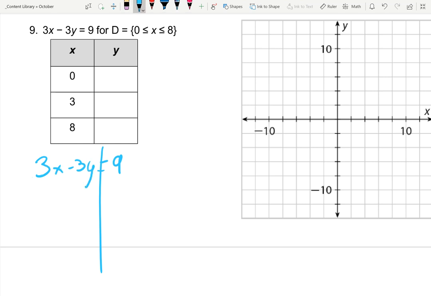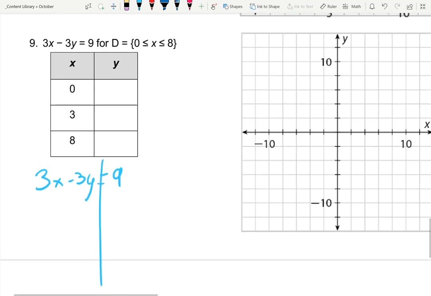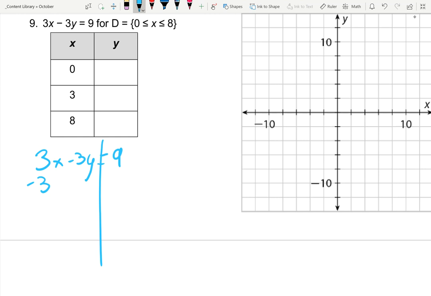Now for me to do that, I have to take care of the x term first, because this negative 3 is attached to y. I have to save it for last. So I'm going to get rid of the 3x term first. Now I'm going to do it the same way I got rid of the 2x in the previous problem, which is subtract it. Because what happens, 3x minus 3x means 0 x's, means nothing left is there. Those will cancel out completely, becoming 0, leaving you with just minus 3y.